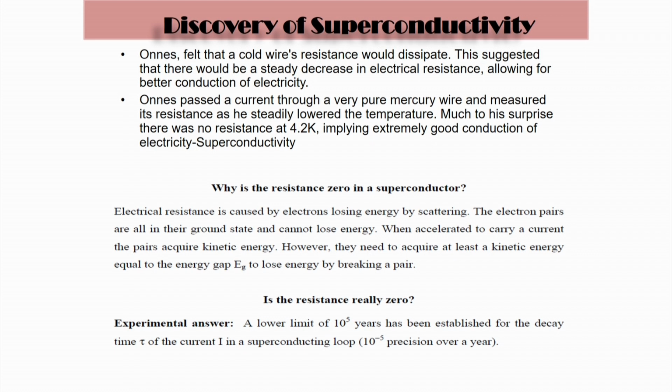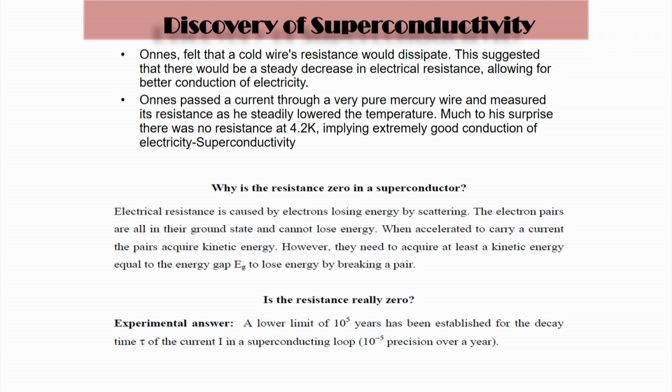Then Onnes passed a current through a very pure mercury wire and measured the resistance as he steadily lowered the temperature, and that is how the experiment went. Much to his surprise, he saw that there was no resistance at 4.2 Kelvin, implying extremely good conduction of electricity, and this is the discovery of superconductivity.